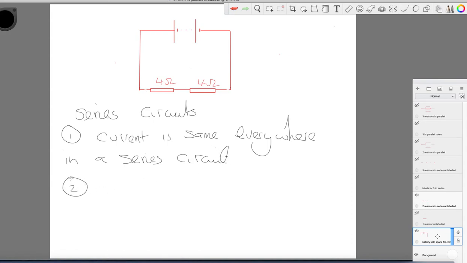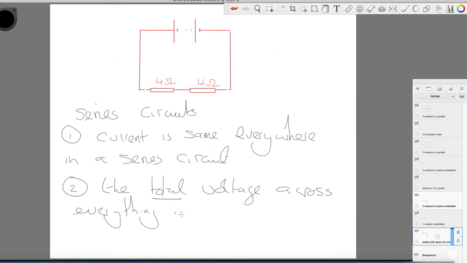And 2, the total voltage across everything in series equals the voltage across the battery or the power supply or whatever. Let me show you what I mean by that or why that has to be.